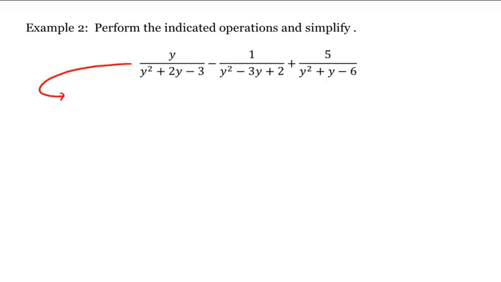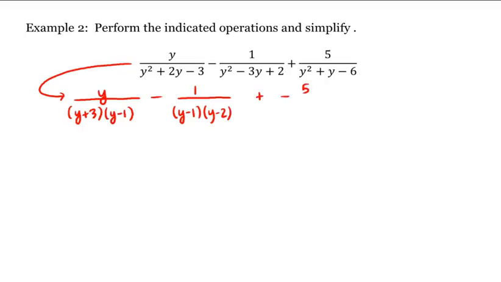So this first denominator will factor into y plus 3 times y minus 1. And then the second one factors into y minus 1 times y minus 2. And finally, the last one factors into y plus 3 times y minus 2.